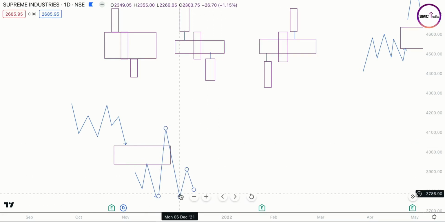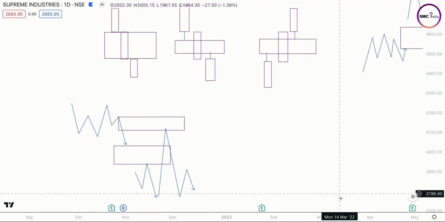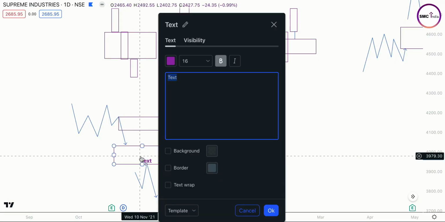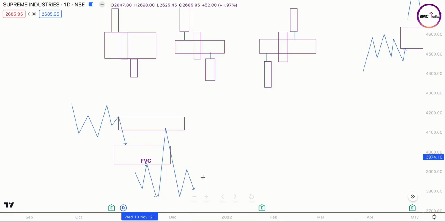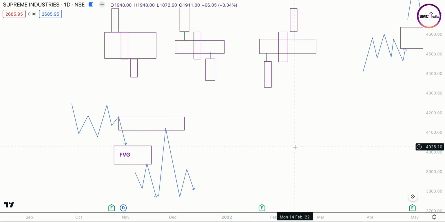Fills this gap here and then goes down from this supply zone. This is FVG, that is fair value gap, this zone. So these are the types of imbalances.